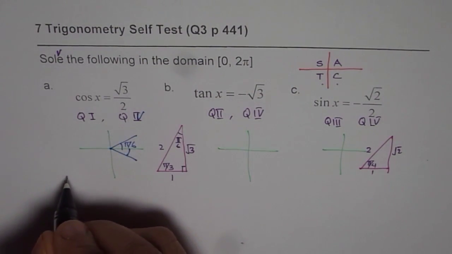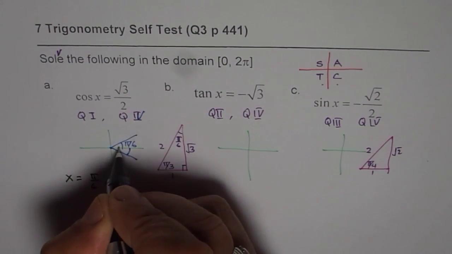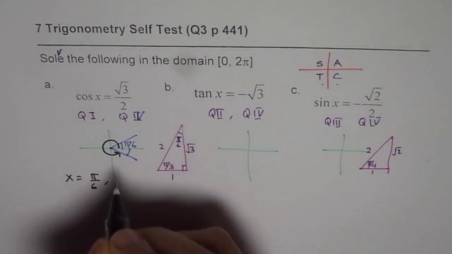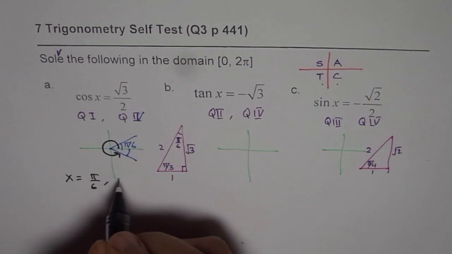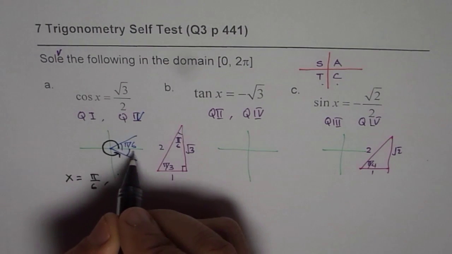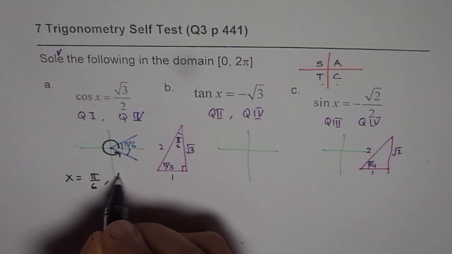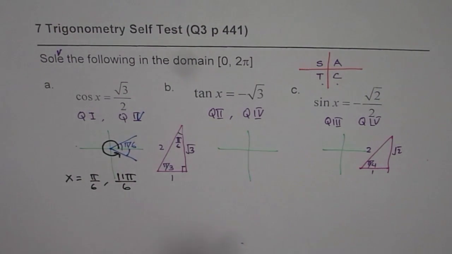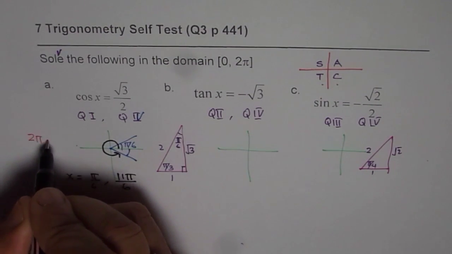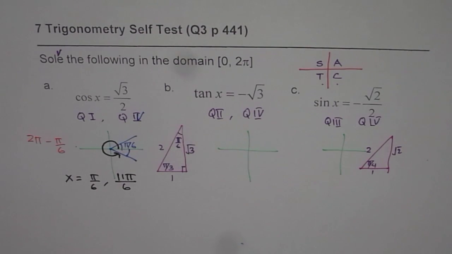One is x equals pi by 6, and the other one is the principal angle 2 pi minus pi by 6, which is 12 pi by 6 minus 1 pi by 6, so we can say 11 pi by 6, okay? Some of you can also do it like this, 2 pi minus pi by 6, and get 11 pi by 6, correct?